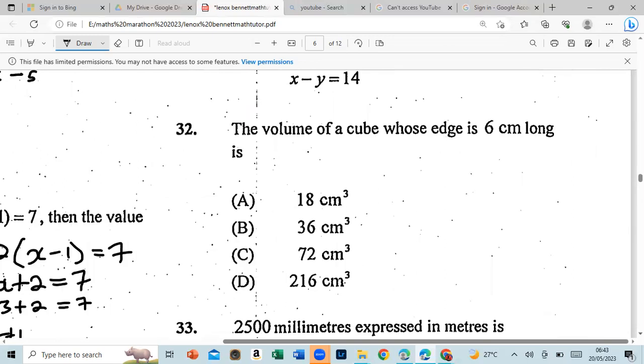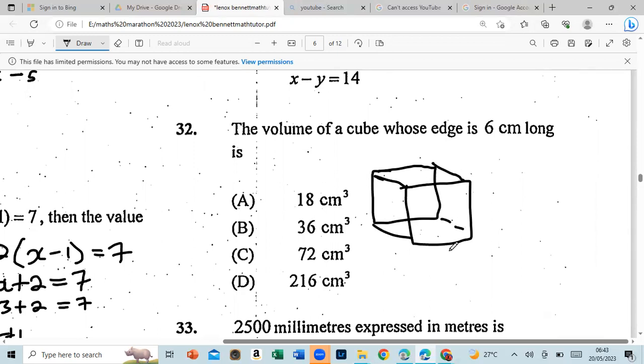Alright. The volume of a cube whose edges are 6 centimeters long is, so we know what a cube is, right? It's made up of squares, so all the sides are equal. And we can find the volume of a three-dimensional shape, alright?